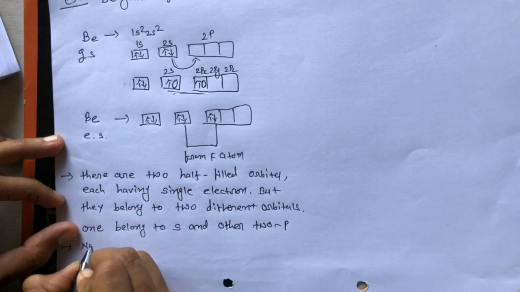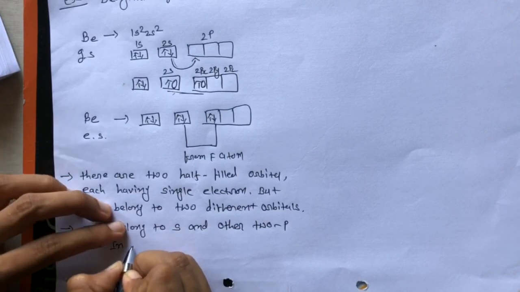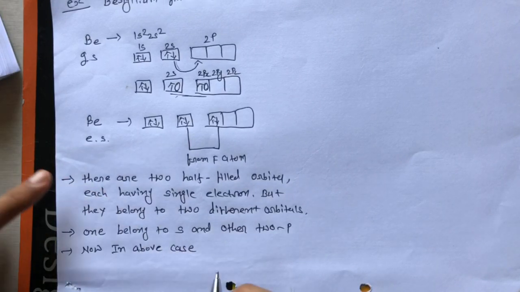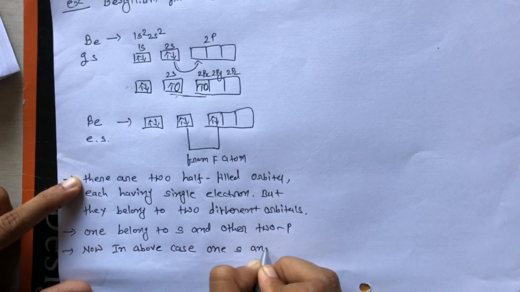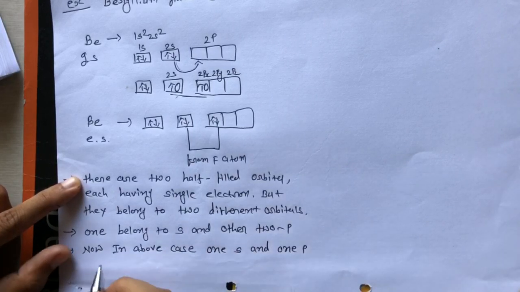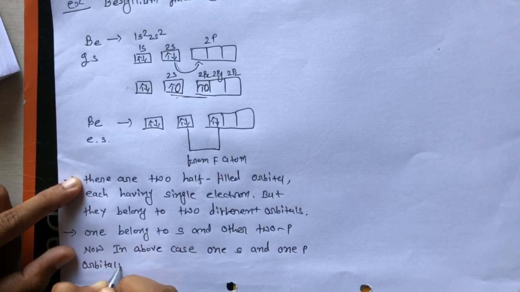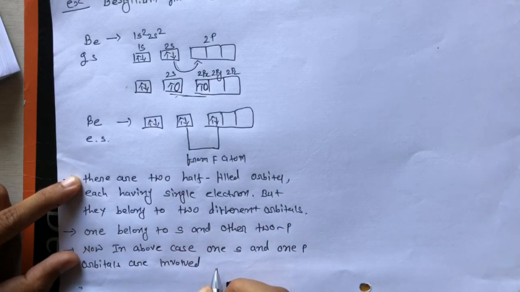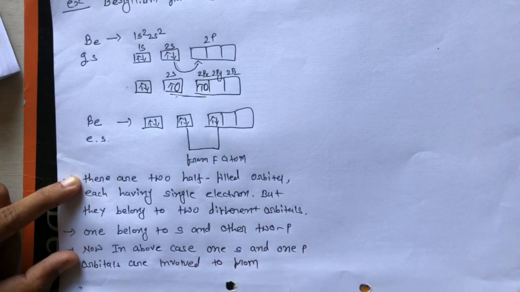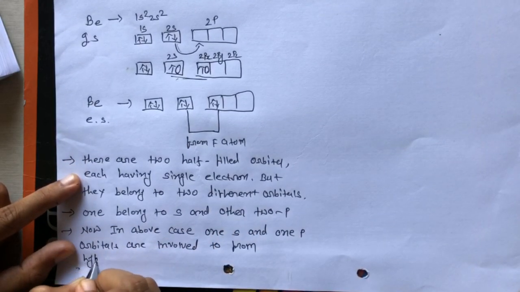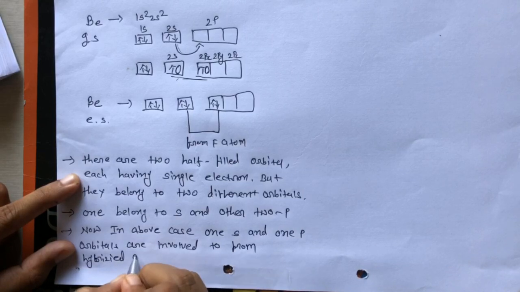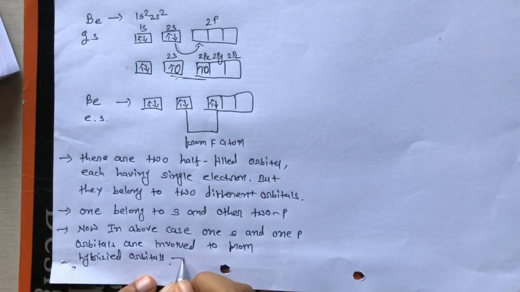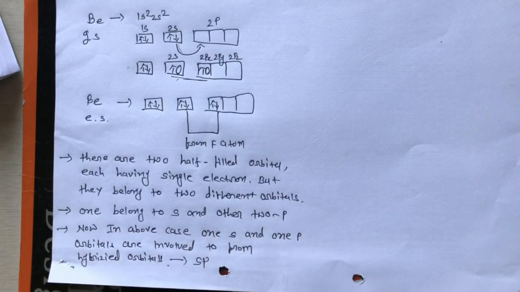Now in the above case, 1s and 1p orbitals are involved to form hybridized orbitals, and this type of hybridization is called sp hybridization, right?